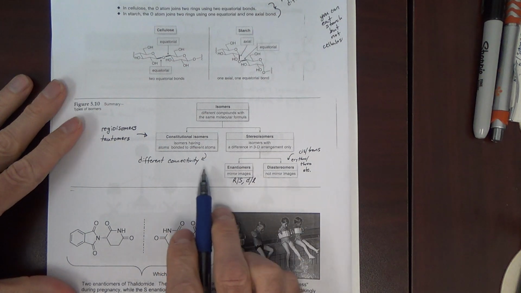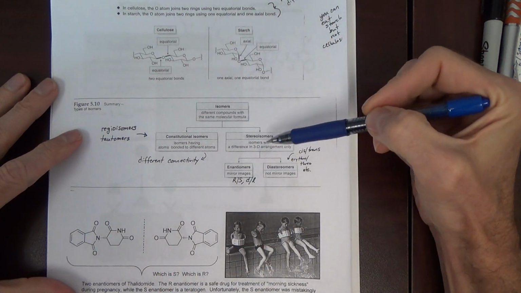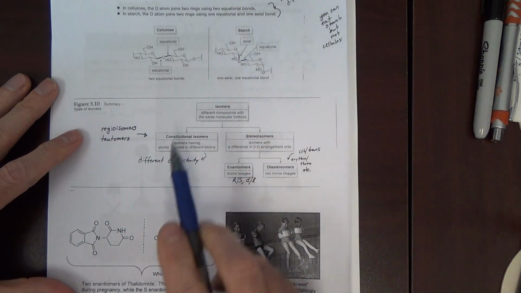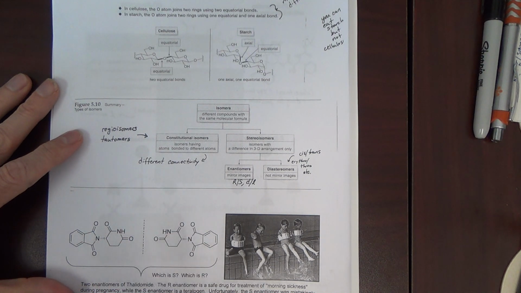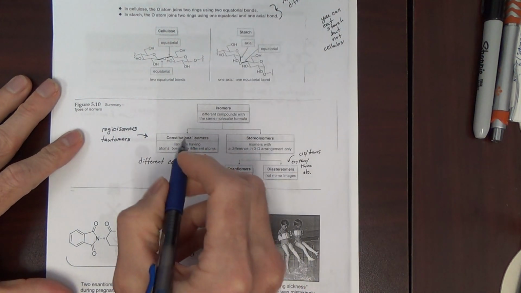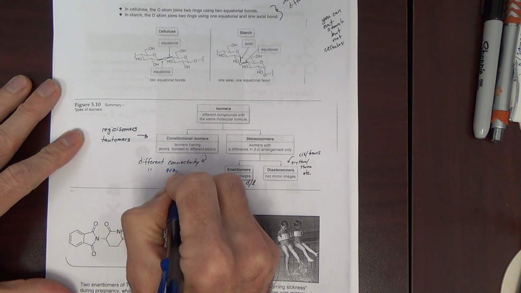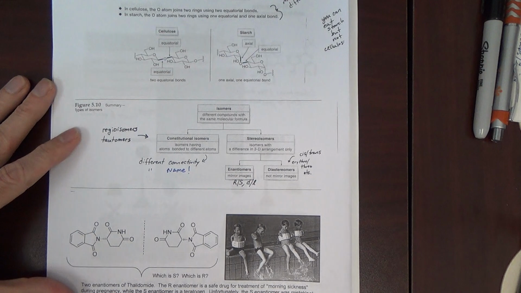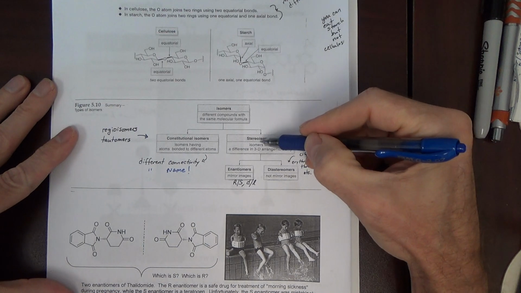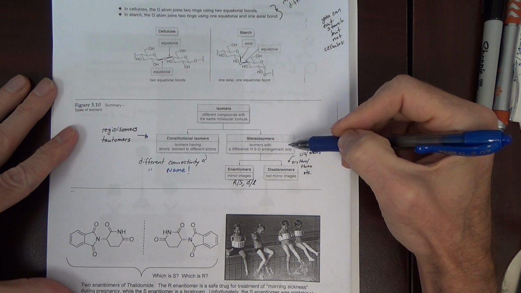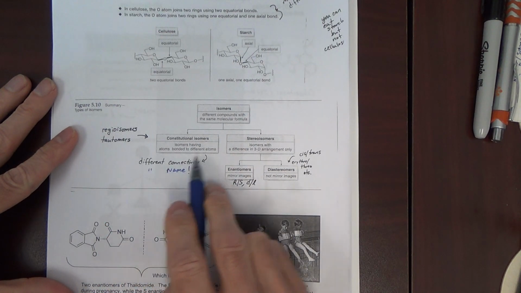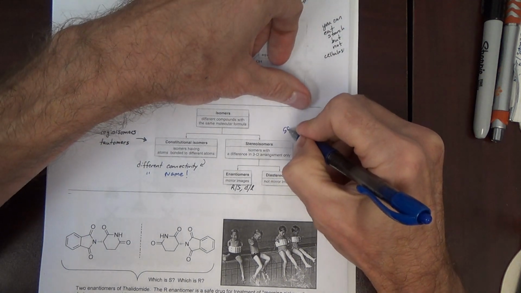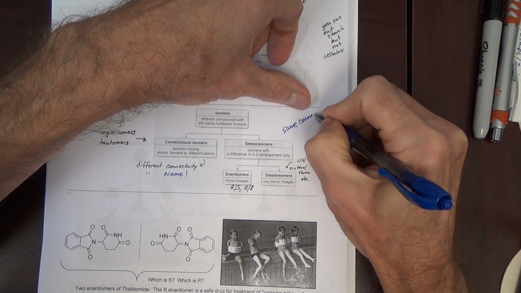Now that is noted down here in this schematic, which is a very important summary. Types of isomers. There are two types: constitutional isomers, which we have defined earlier. These have different connectivity, and thus a different name. Stereoisomers have the same connectivity. That's what this implies: different connectivity versus same connectivity.